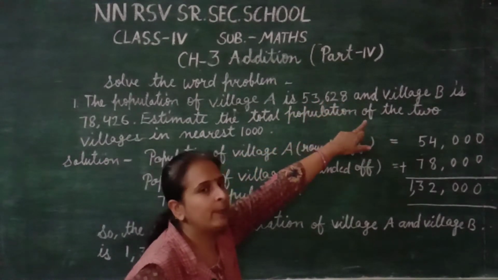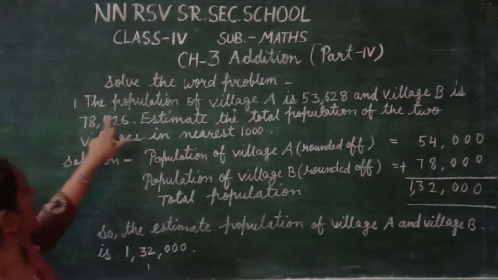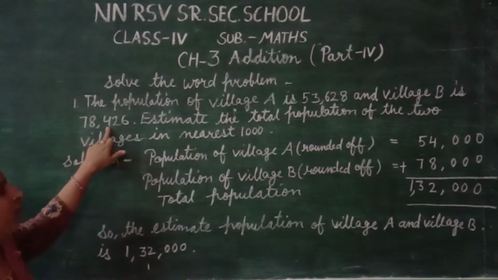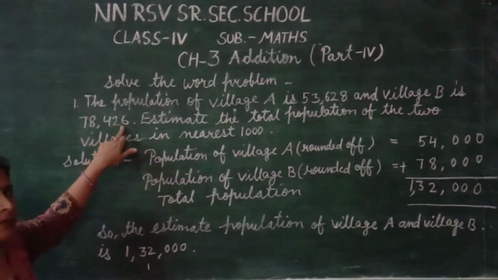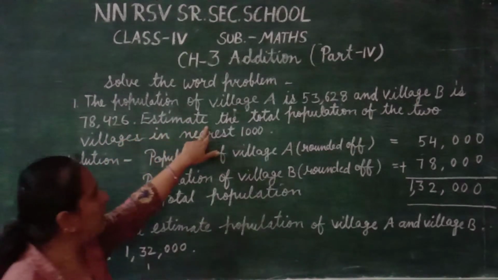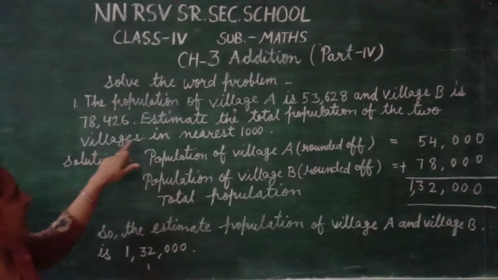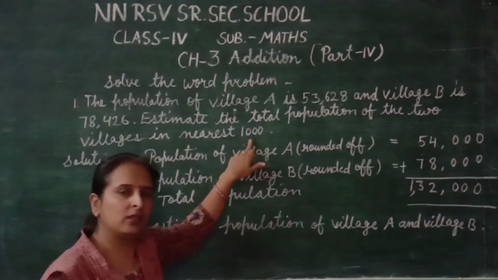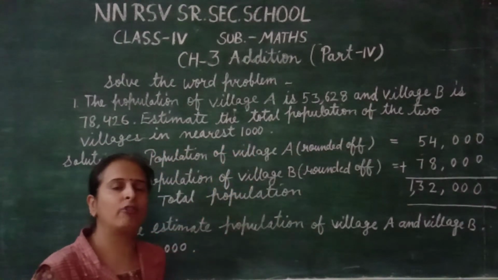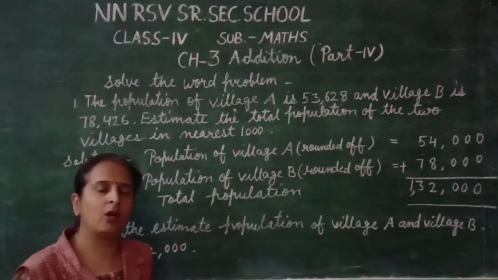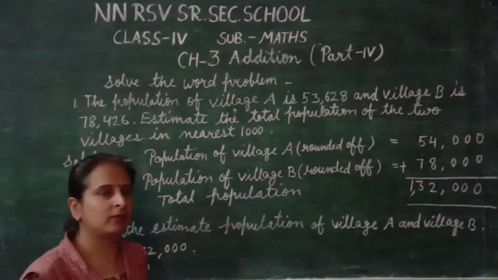Estimate the total population of the two villages to the nearest 1,000. It means we have to find the population by rounding the numbers.